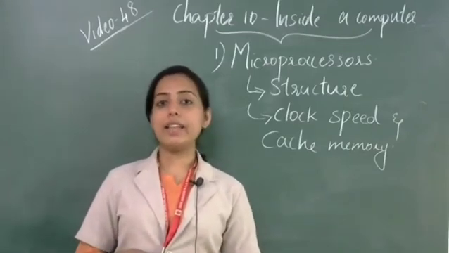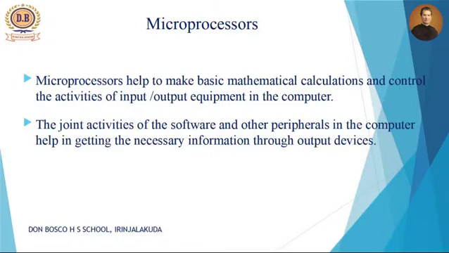Let's see that picture. Analyze the picture given here. Microprocessors help to make basic mathematical calculations, and they also control the activities of input and output equipment in the computer. Underline that sentence in your textbook, page number 140, first paragraph.